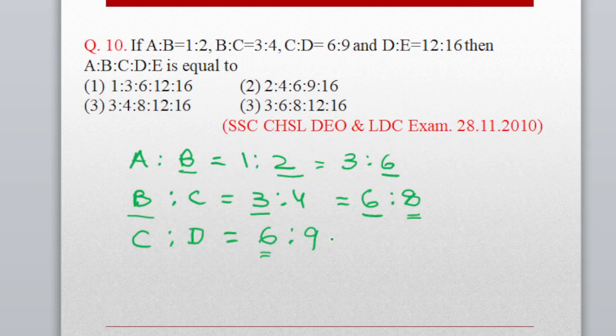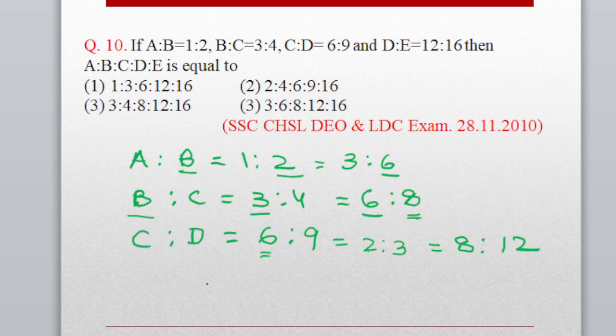Now here listen, this can be written as 2 is to 3. That means after minimization it becomes 2 is to 3. Now here C is 8, here C is 2. That means if I multiply here with 4, then it becomes 8. So when 4 is multiplied with 2, it becomes 8, and when 4 is multiplied with 3, it becomes 12.